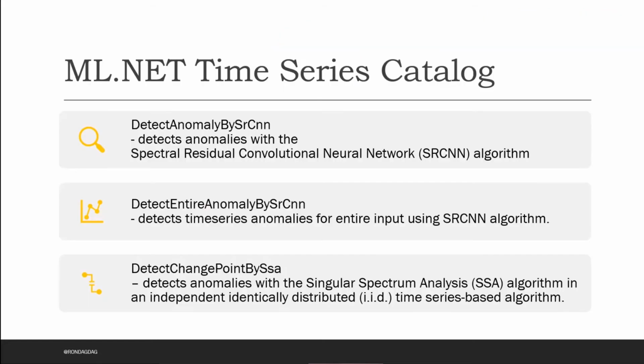It's not required. So ML.NET has a time series catalog that you can incorporate into your application. They have all these different algorithms or, at the end of the day, API calls, right?